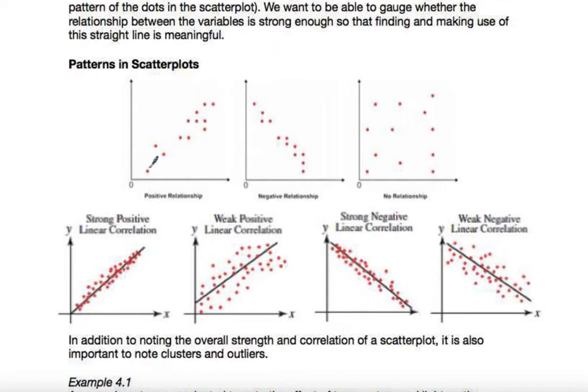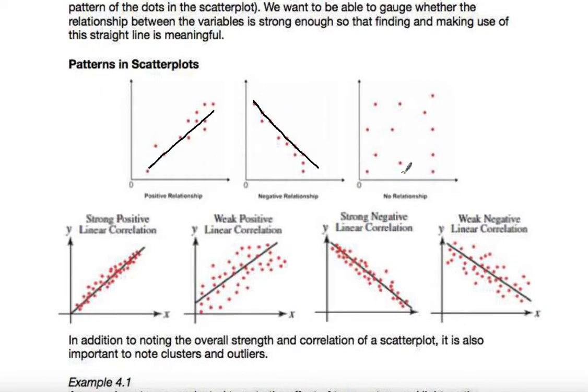You've got positive slope, which is a line that goes down on the left, up on the right. And you have negative slope, which is where you go up on the left, down on the right. So the first one is a positive relationship because we obviously have a positive slope to our points. And the second one is a negative relationship because we obviously have a negative slope to our points.